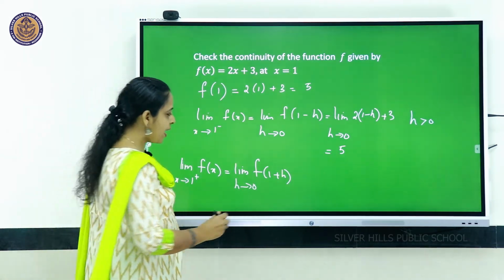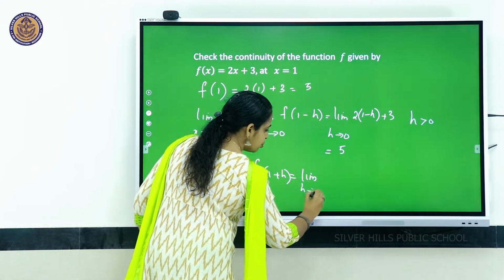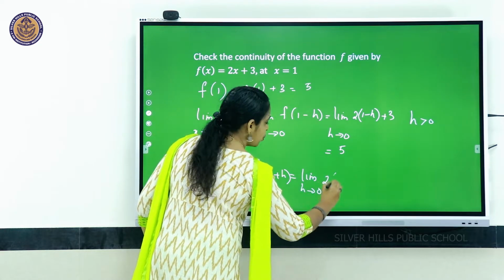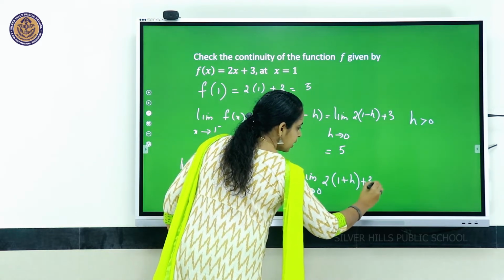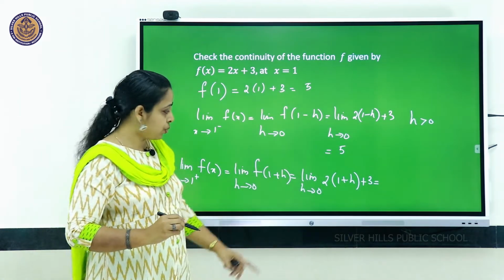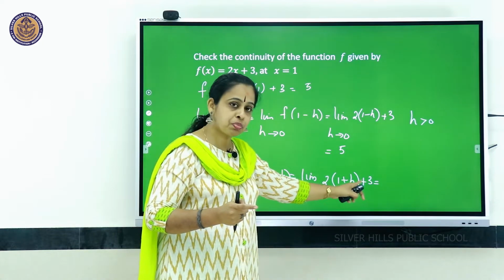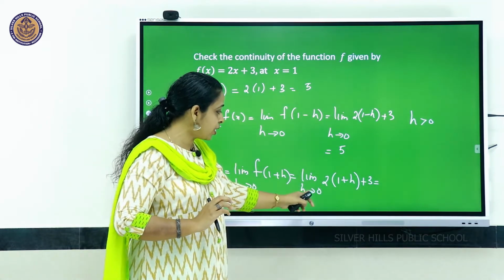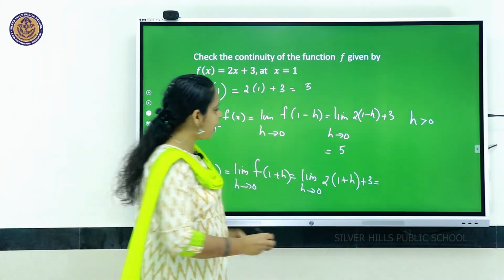So, in the place of x, limit h tending to 0, 2 into 1 plus h plus 3. It will become equal to 2 into 1, 2 plus 2h plus 3. When h is tending to 0, 2h will become 0. So, 2 plus 3 will make the same value 5.